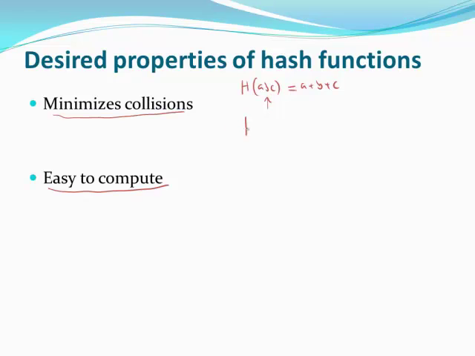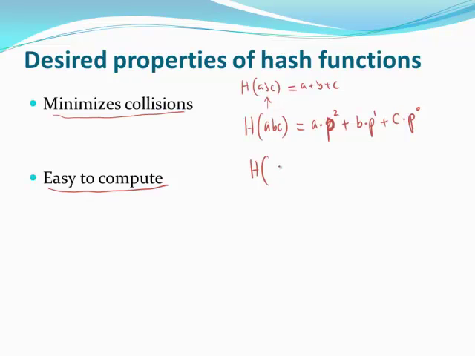So one possibility is to compute this as some sort of polynomial computation. Let's take some prime p or base p. So we'll take a times p squared plus b times p to the 1 plus c times p to the 0.